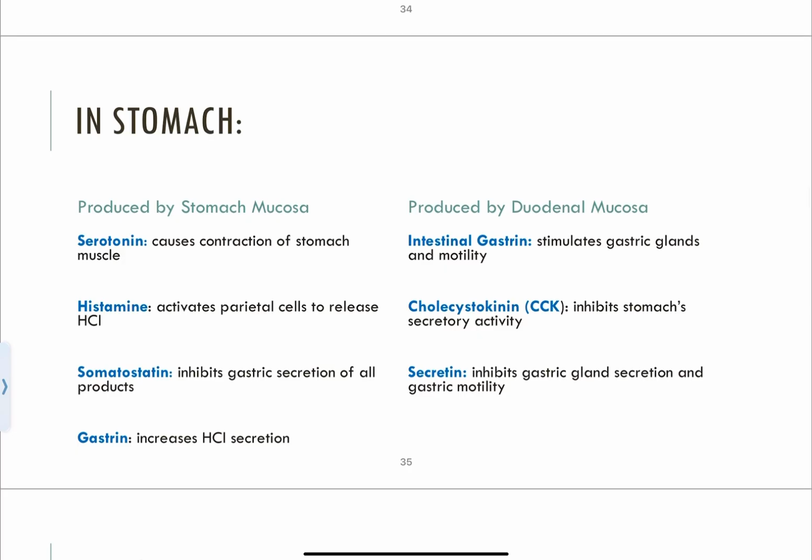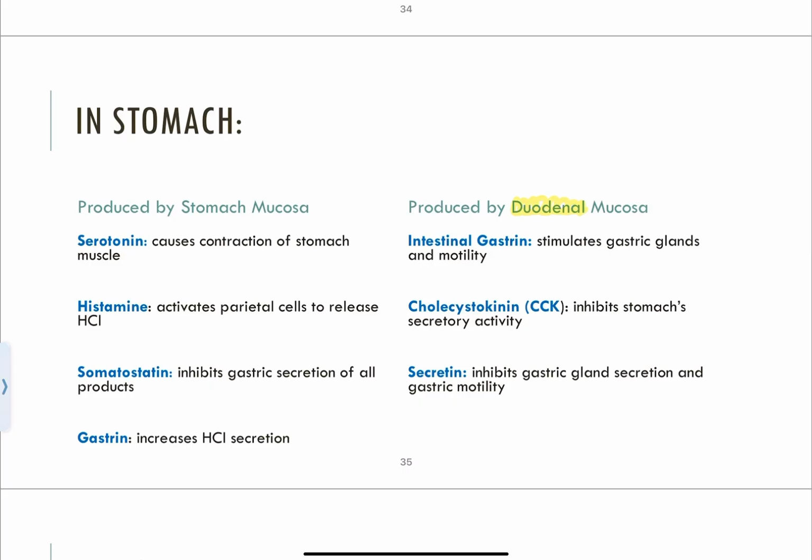So we are going to incorporate some more hormones here. The one thing that I want to point out, these are the ones that you're responsible for, the ones that I have in my slides, even though your textbook may mention more. What you're focused on here is the hormones that are produced by the stomach itself. And later on we are going to have hormones that are produced by the small intestine, specifically the duodenum of the small intestine.